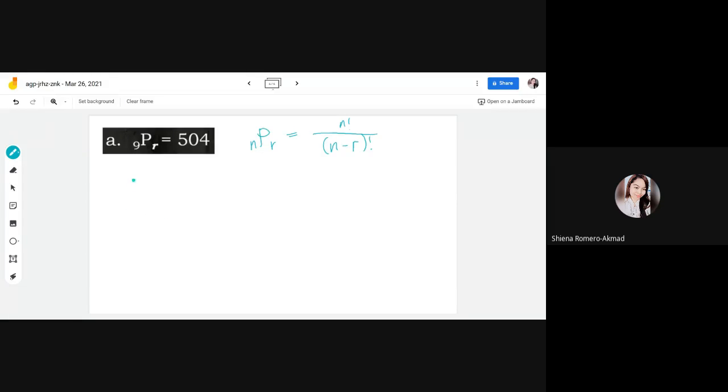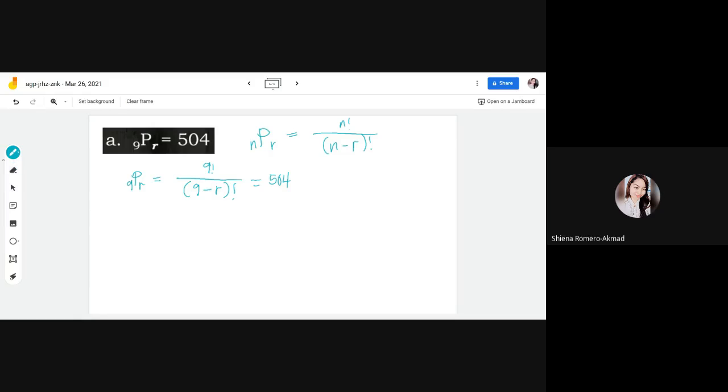So we have the permutation of 9 taken r at a time. Substituting n, which is 9: 9 factorial divided by 9 minus r factorial, because we don't know the value of r yet, and that is equal to 504.